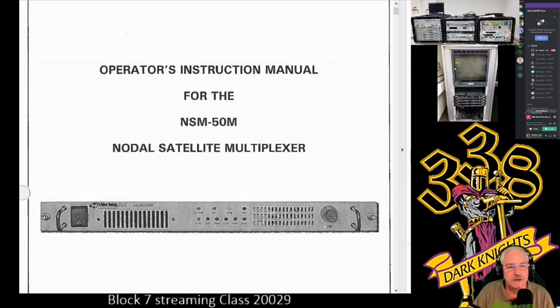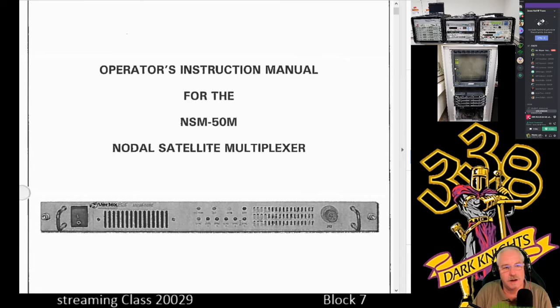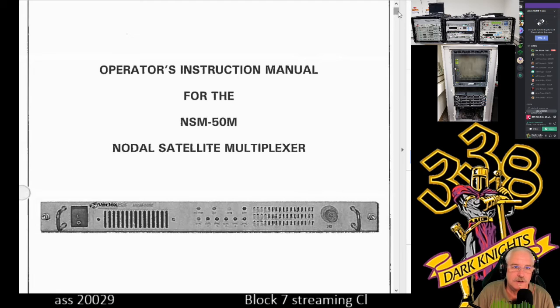All right, you'll notice that this is showing you a front panel view of the NSM. You'll see in the middle of the NSM, there's a bunch of lights there. This is the only place that the lights are at. Those are all LEDs and it'll tell you what to do.